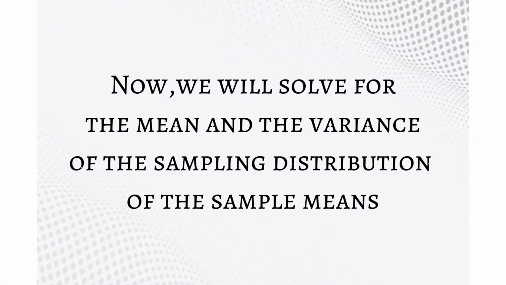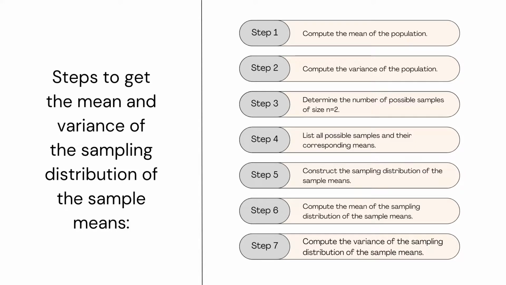Now we will solve for the mean and variance of the sampling distribution of the sample means. To do this, I will be referring to the following steps. Step 1. Compute the mean of the population. Step 2. Compute the variance of the population. Step 3. Determine the number of possible samples of size n equals 2.